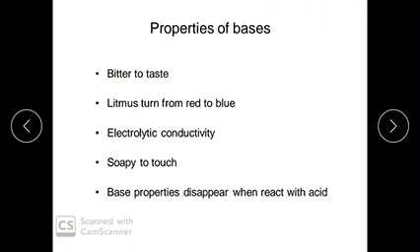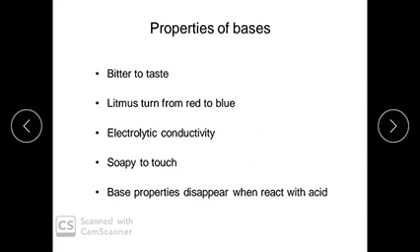They also show conductivity in aqueous solution. They are soapy to touch. Base properties disappear when they react with acids.